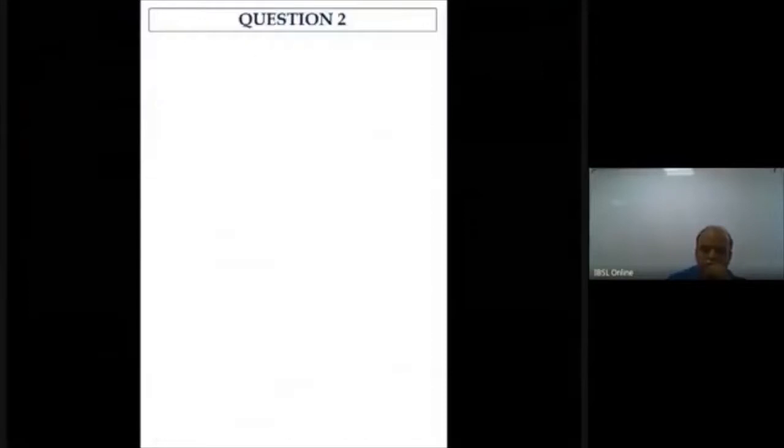Okay, the second part. So again, they have given a trial list of balances, and you have to prepare the trial balance. So again, the same process.